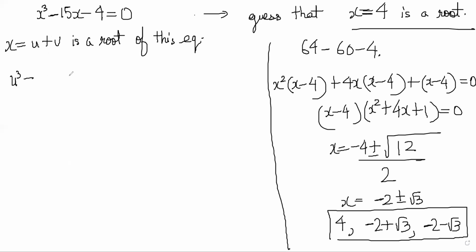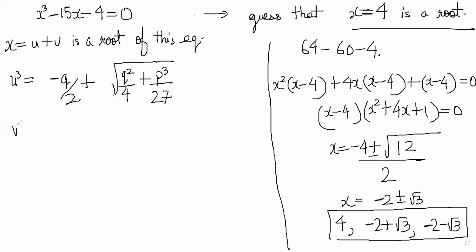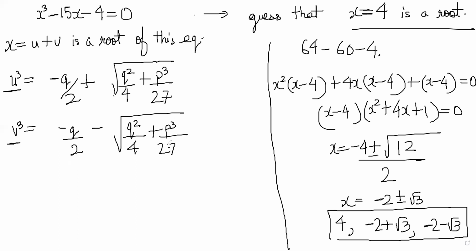U cube was supposed to be minus q by 2 plus root over q square by 4 plus p cube by 27. This is what we got when we earlier solved the general case. And v cube was supposed to be minus q by 2 minus root over q square by 4 plus p cube by 27. These are the two roots of the same quadratic with u cube and v cube as the roots, right?